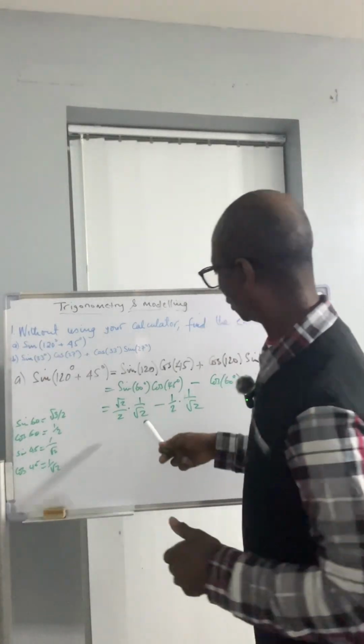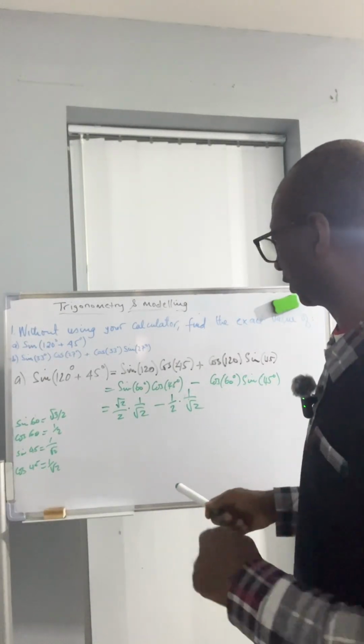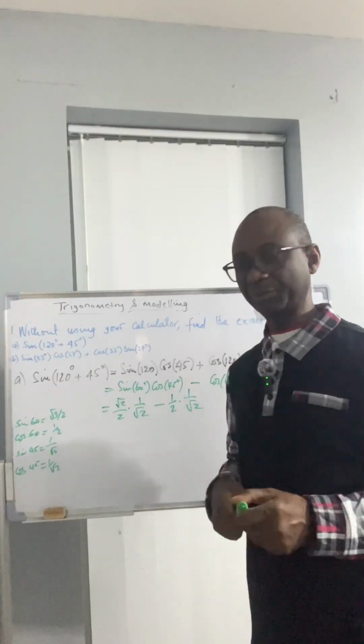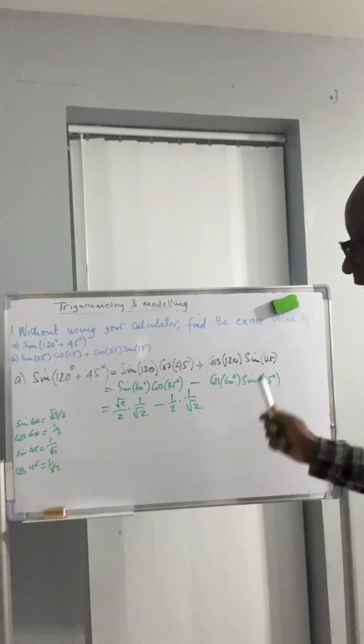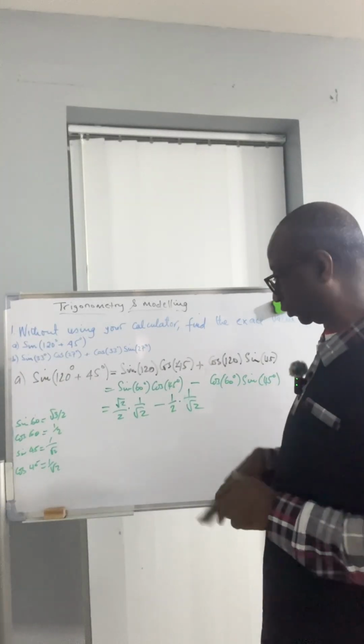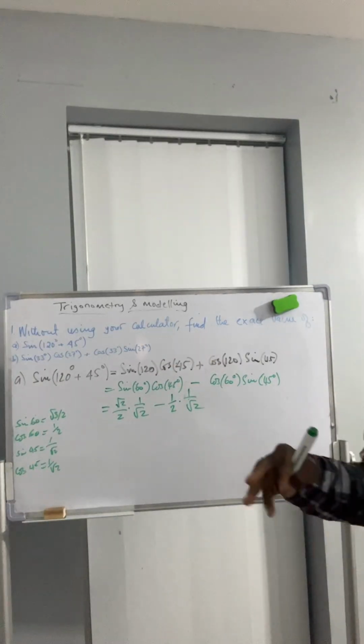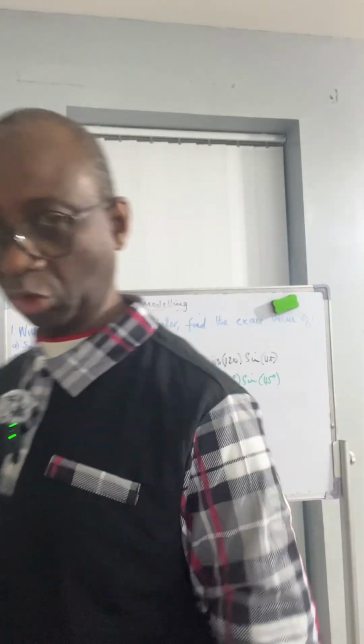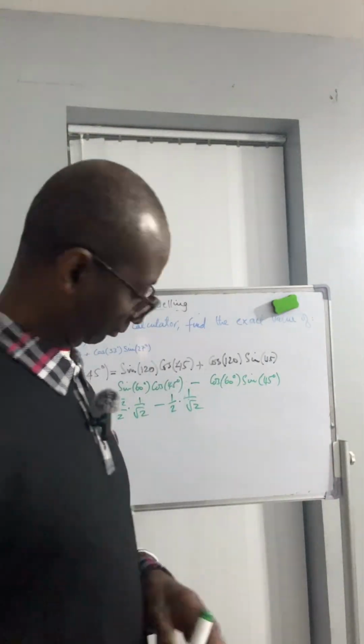But anytime you are given a problem and there is a surd, this is a surd, square root of 2 in the denominator, you always rationalize the surd to give your final answer.